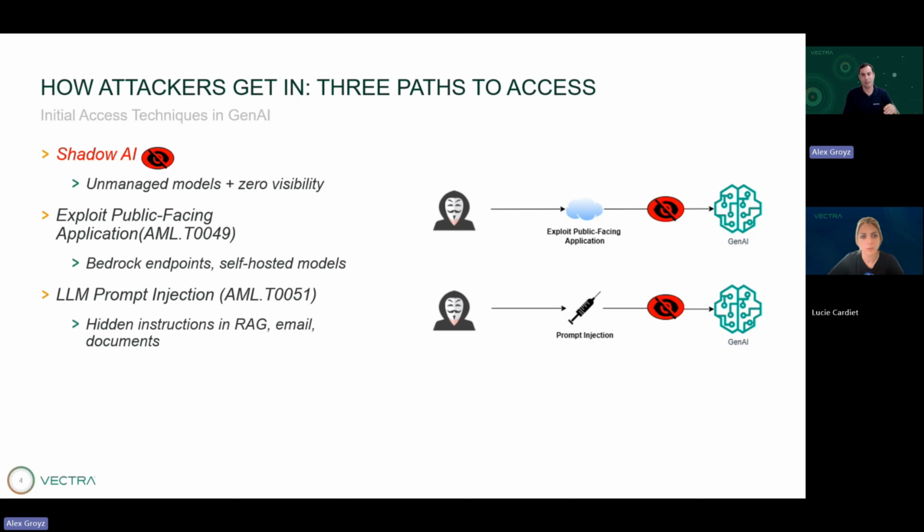That content eventually gets processed by the model, often through a system like retrieval augmented generation, or RAG. Once that poisoned input reaches the model, it can bypass safety filters, leak sensitive data, or even invoke tools or functions on behalf of the attacker.